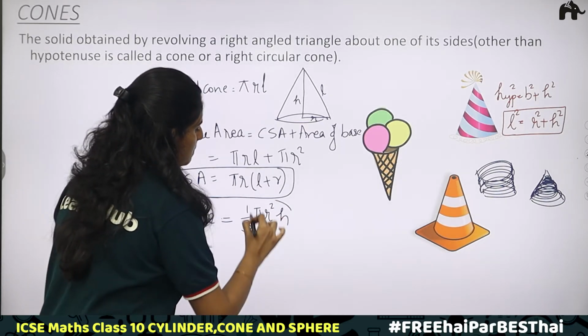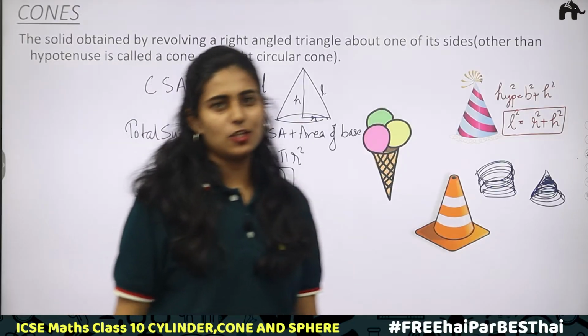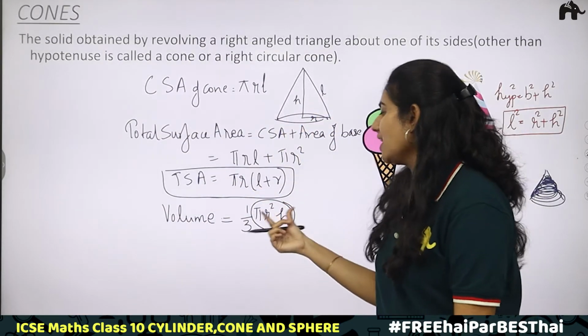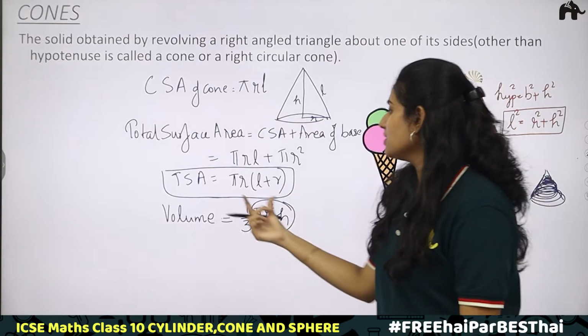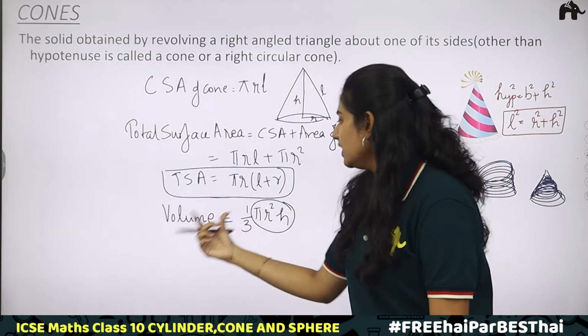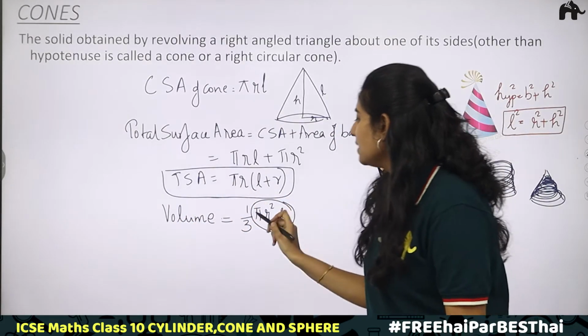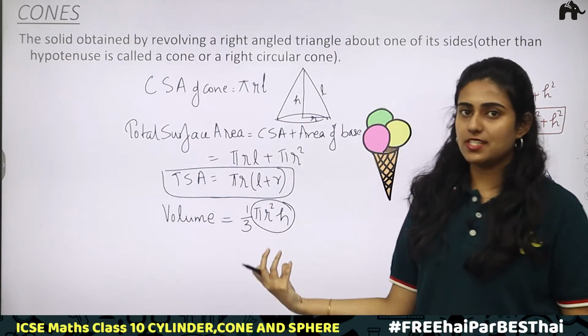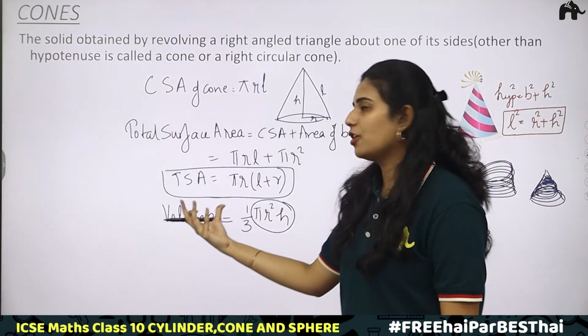We have found this pi r square h somewhere. You remember? Volume of a cylinder is equal to pi r square h. So when it comes to the volume of cone, the only difference is you will have to multiply 1 by 3 to this. That is 1 by 3rd of volume of cylinder will give you volume of cone.